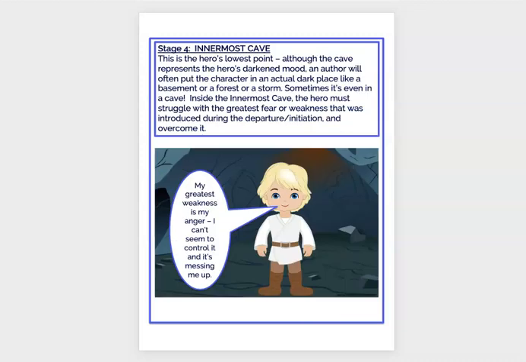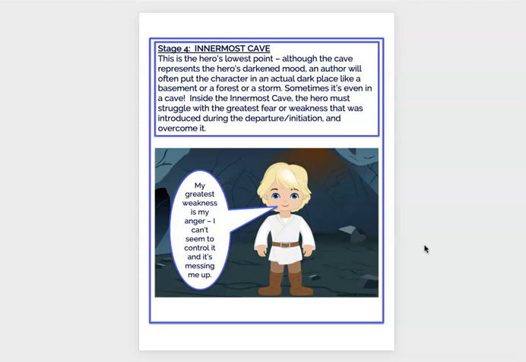And then the hero goes along until right before the climax of the story, where we get to the low point, called the innermost cave. Interestingly, authors all know that they have to bring their character to a low point. And then how do they get their character out of the low point? That's what writers do. But what's really cool is that so many of them will put the low point somewhere dark or raining, or sometimes an actual cave.